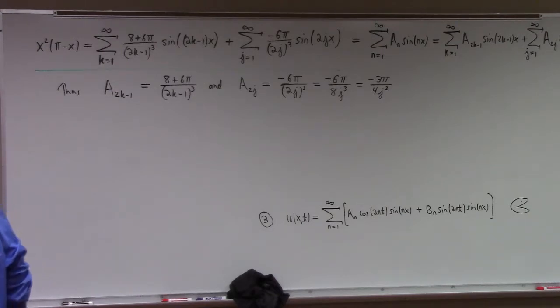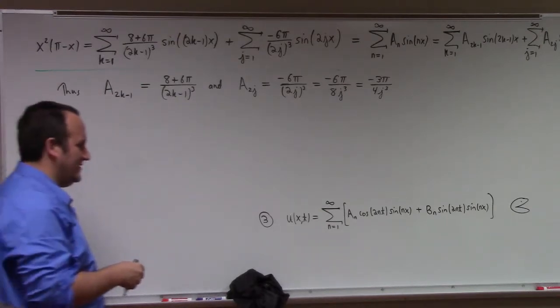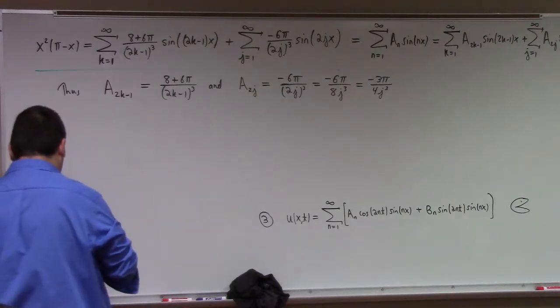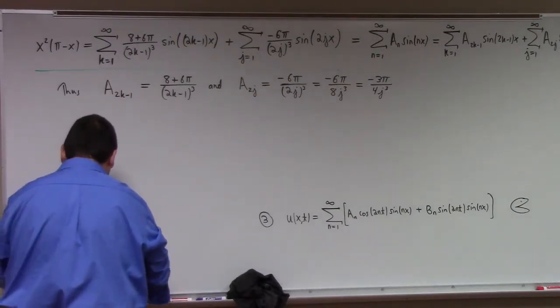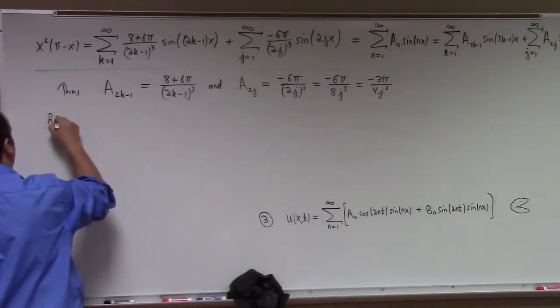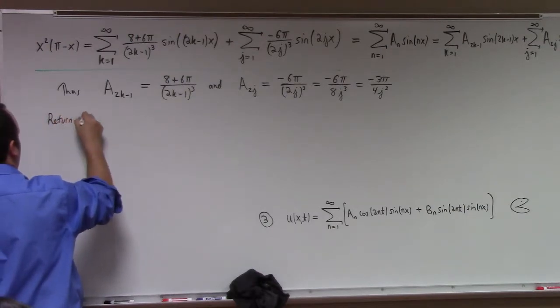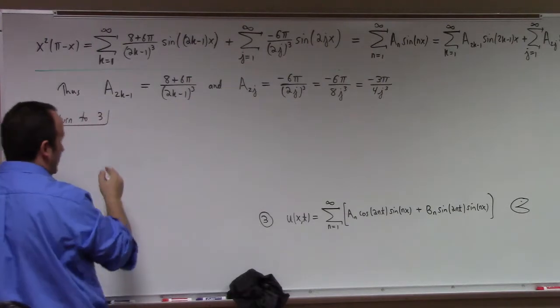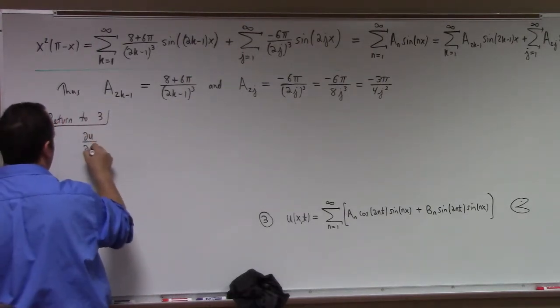Great. So what have we not used? Initial velocity, right? Not the initial velocity yet. But now we return to 3, and differentiate. And what's partial u partial t equal to?